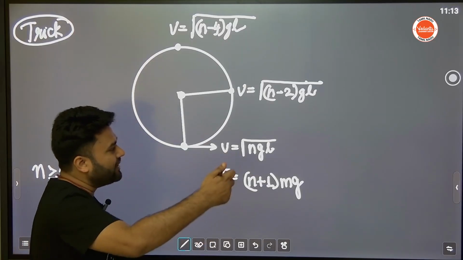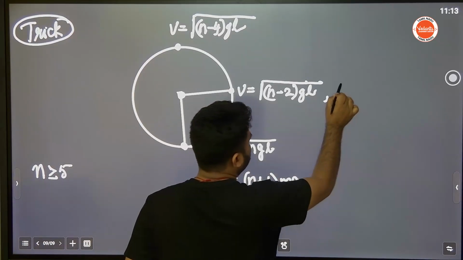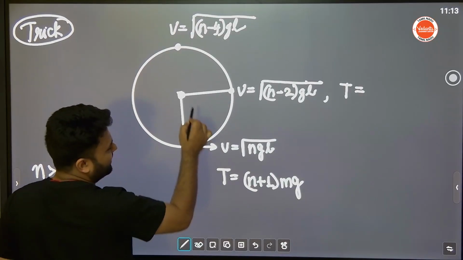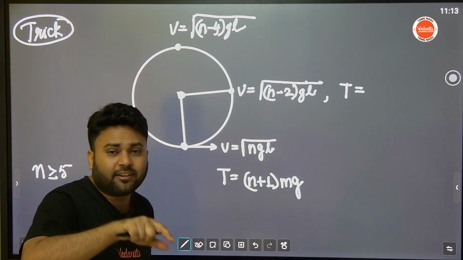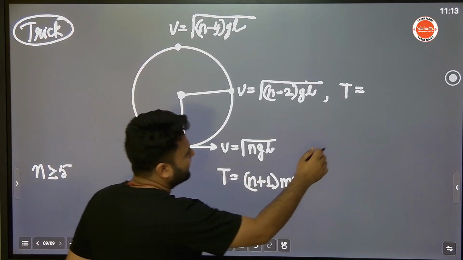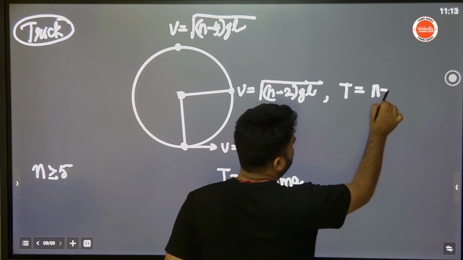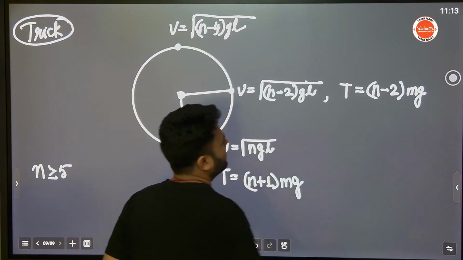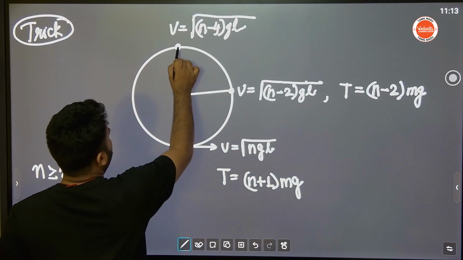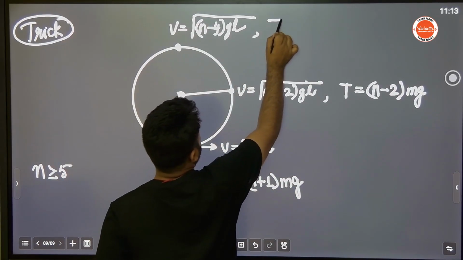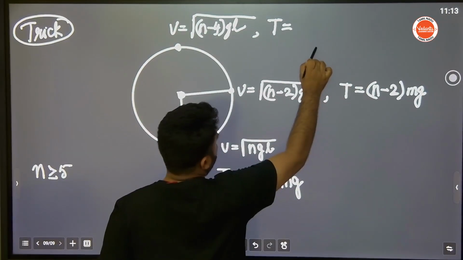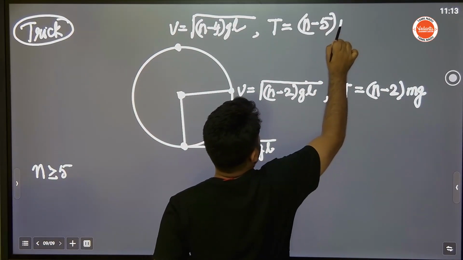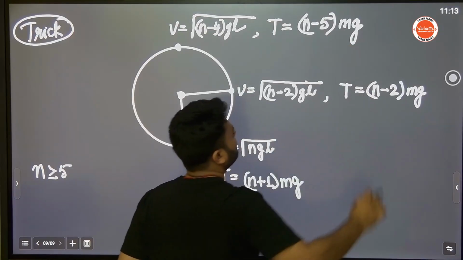So n plus 1 minus 3, suppose they ask what is the tension in the string here. So you subtract 3, n plus 1 minus 3 means n minus 2 mg. Similarly, they will ask what is the tension at the topmost point. Again, you subtract 3. So n minus 2 minus 3 means n minus 5 mg. Correct?